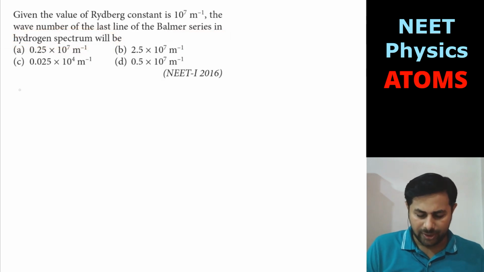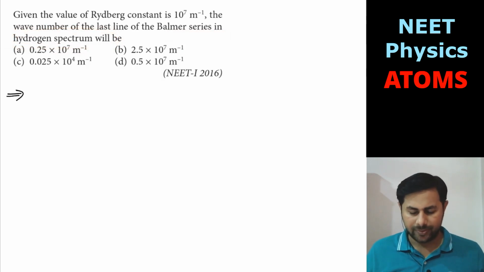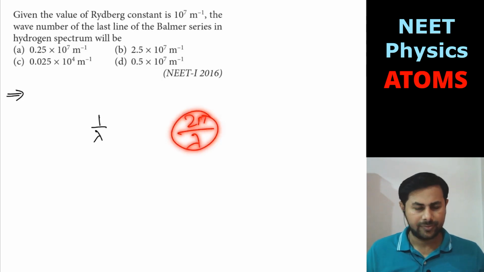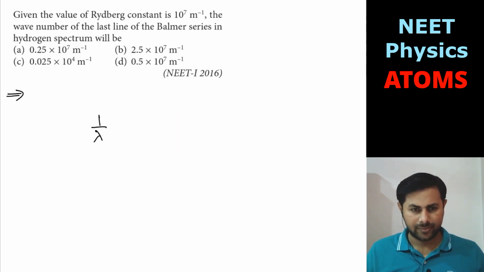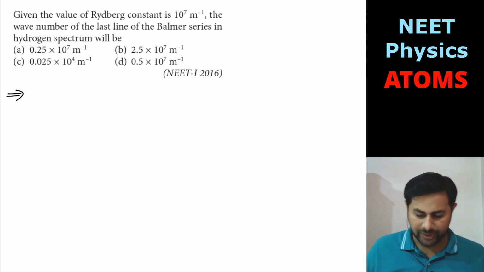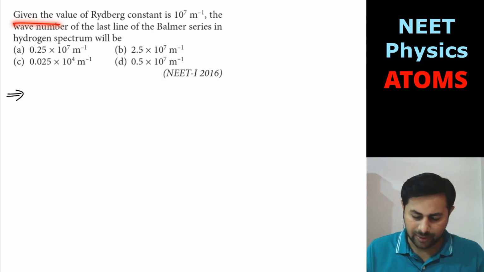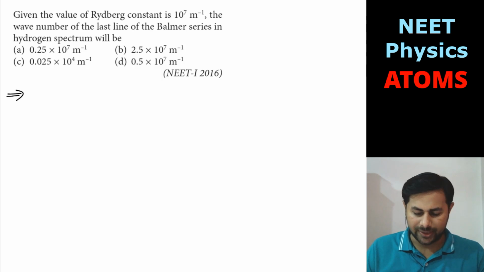Here, if they ask about wave number, it would be 1 by lambda, and it's not 2 pi by lambda. Wave number here would be equal to 1 by lambda, right? So tell me, what is wave number here?